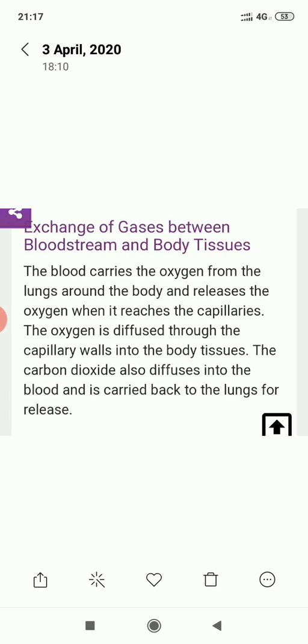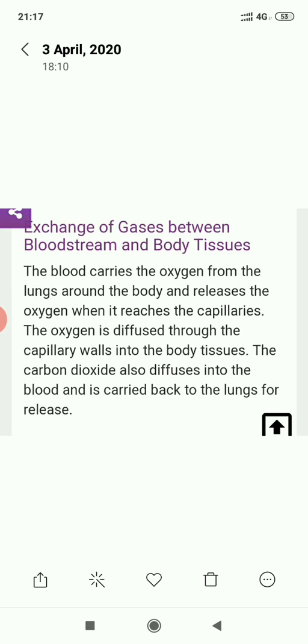Next is the exchange of gases: how does the exchange of gases occur between the bloodstream and body tissues? It means that the blood absorbs the oxygen from the lungs, and this blood carries the oxygen from the lungs around the body, and then it releases the oxygen where it reaches the blood capillaries.